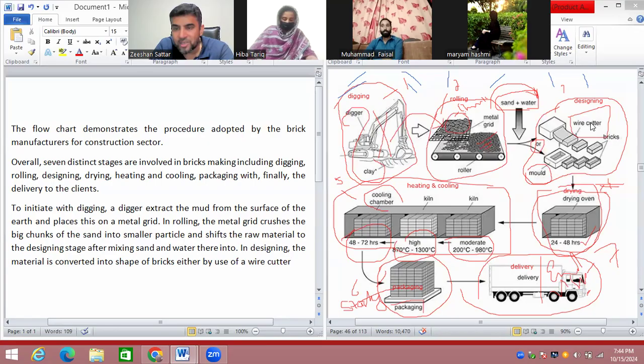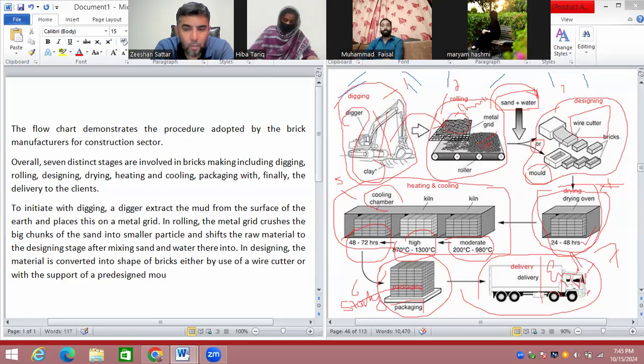The wire cutter word is written here. Mold is here. Or with the support of a pre-designed mold, full stop.